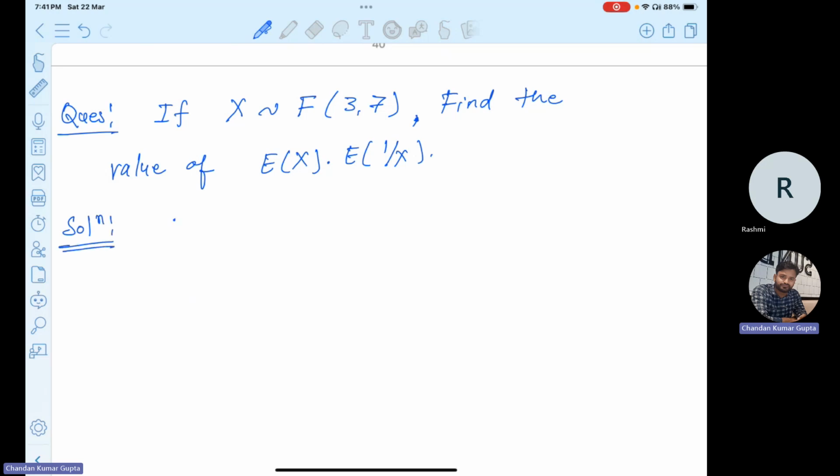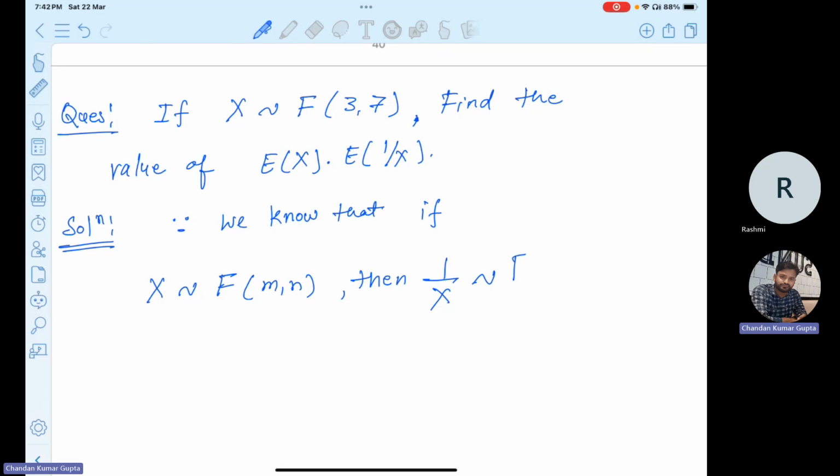Since we have already discussed in the previous slide, if x follows the F distribution with parameters m and n, then 1 by x follows the same F distribution with parameters n and m.